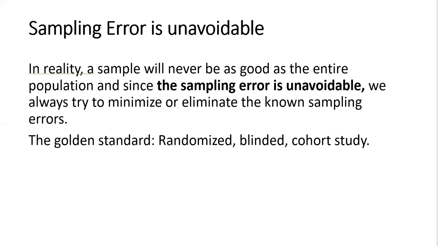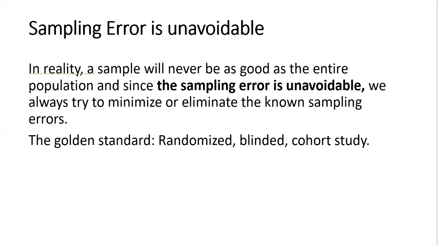So in order to minimize the error, one important thing is that our sample was a random sample. So we have to come up with techniques for randomization of the way we select subjects for the sample.